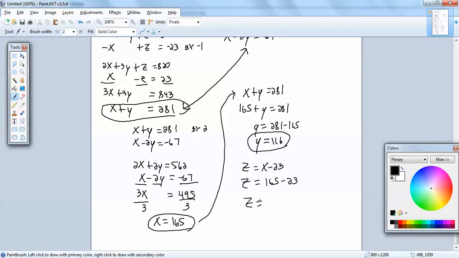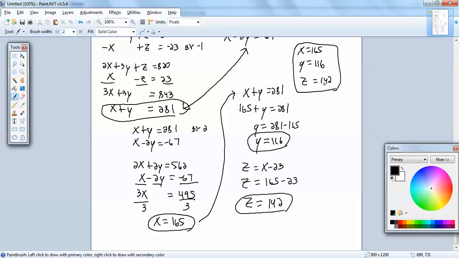So 165 minus 23, 142. X is equal to 165, y is equal to, what in the world does that writing say? 116? 116. Z is equal to 142.